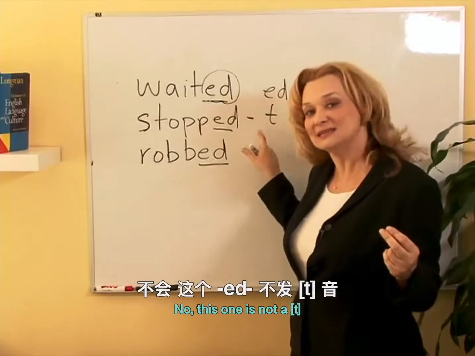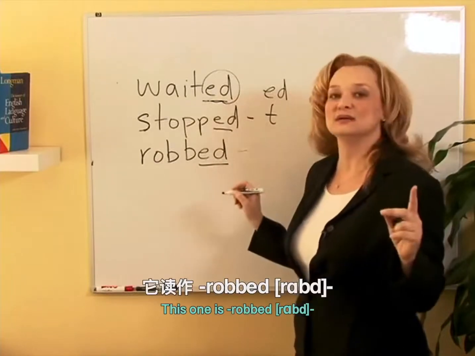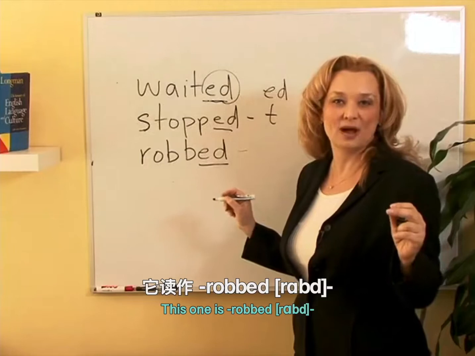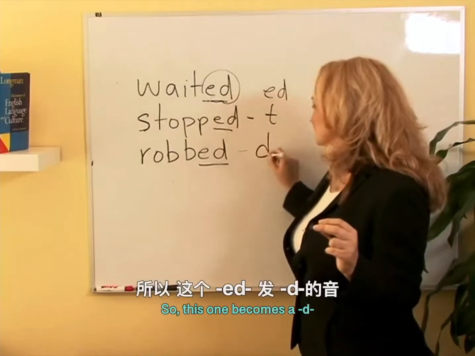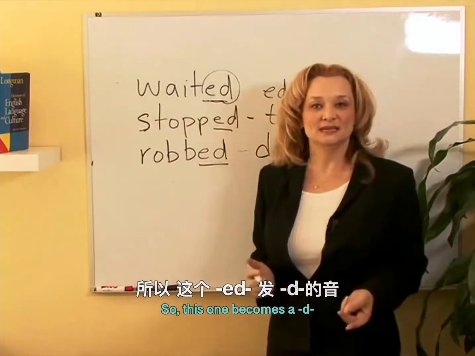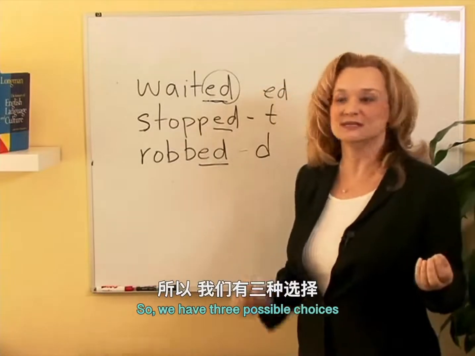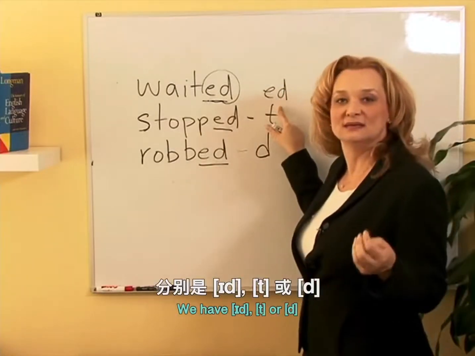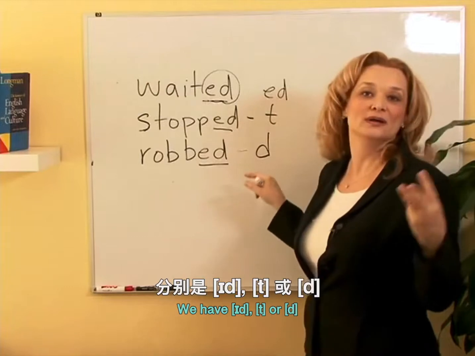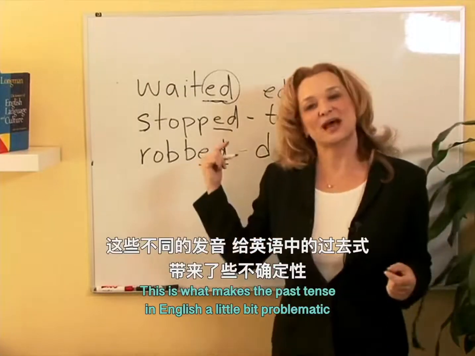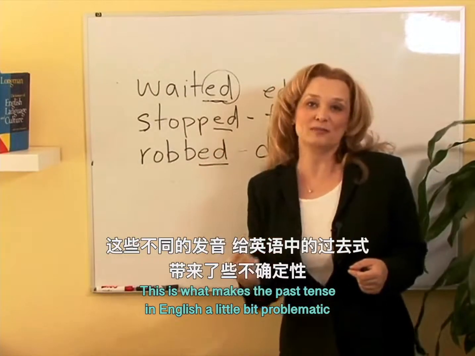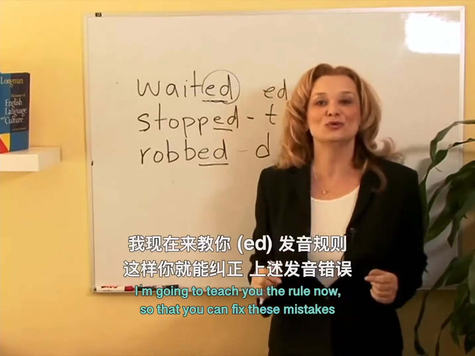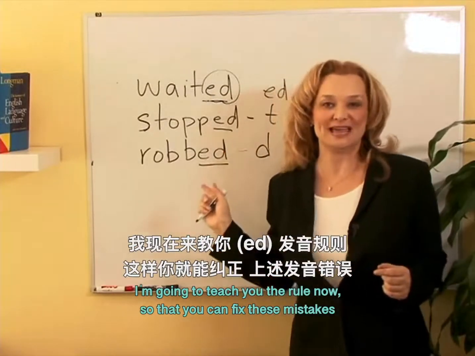No, this one is not a T. This one is robbed. So this one becomes a D. So we have three possible choices: ed, t, or d. This is what makes the past tense in English a little bit problematic. I'm going to teach you the rule now so that you can fix these mistakes.